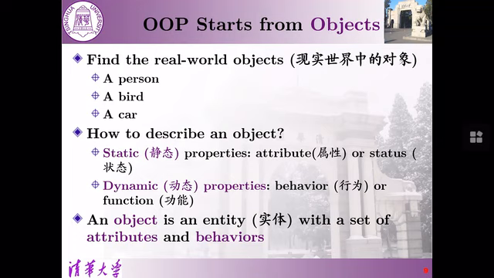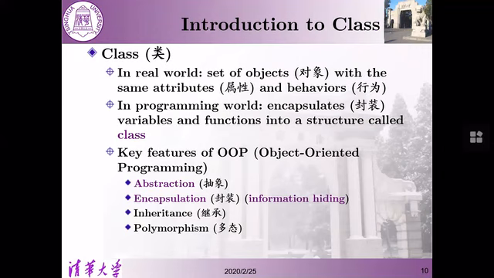So an object is an entity with a set of attributes and behaviors. So in the real world, actually we can classify everything, right? We are classifying the universe. There are stars, there are planets, and then on the Earth, we have human beings, we have animals, we have plants, vegetables, everything, right? So we are making classes everywhere, right?